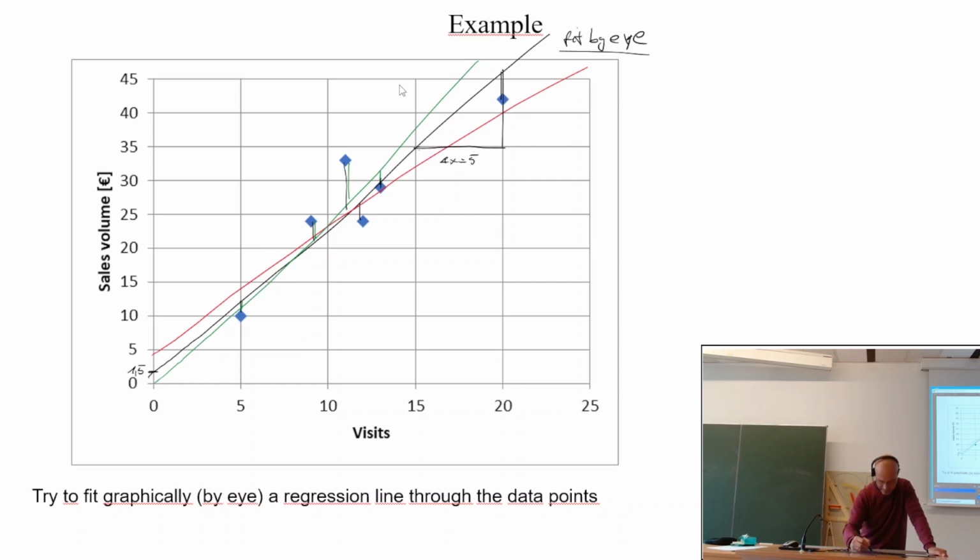So this is 35, 5, 10, 10, maybe this is delta y roughly 12. So my fit by eye would be then f of x equals 1.5 plus 2.4 times x.